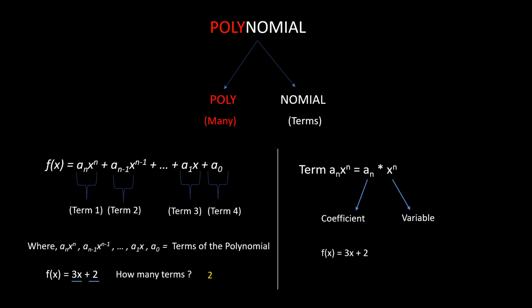If we see the first term, 3x, that is nothing but the product of 3 and x. So 3 is the coefficient and x is the variable. And the second term, 2, just has a coefficient but no variable.